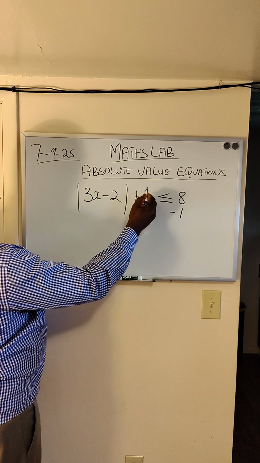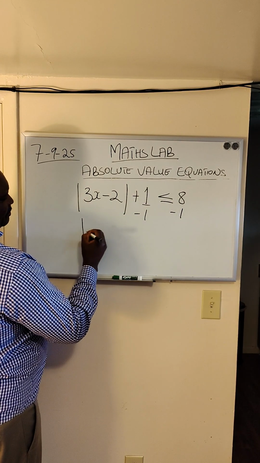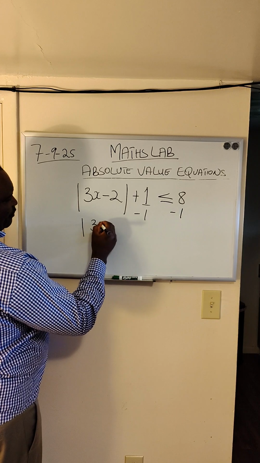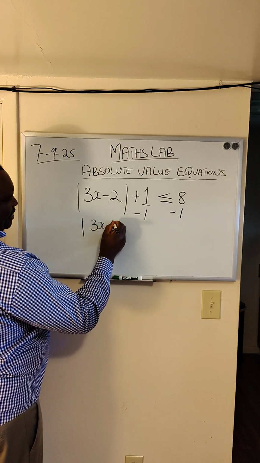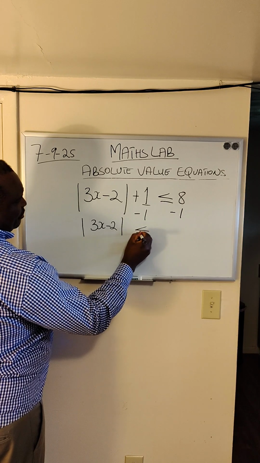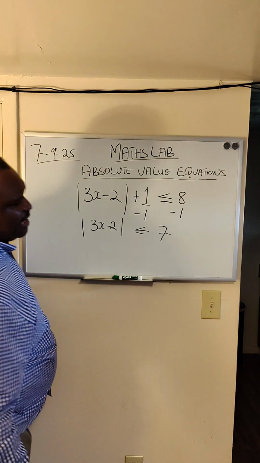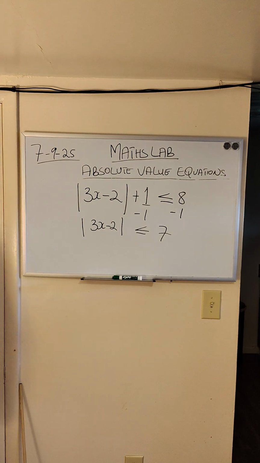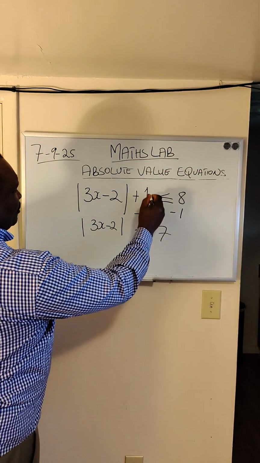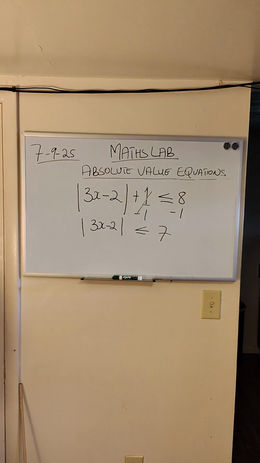So when we do that, we're going to have absolute value of 3x minus 2 is less than or equal to 7, because 8 minus 1 is 7. So now you can see the values have changed.